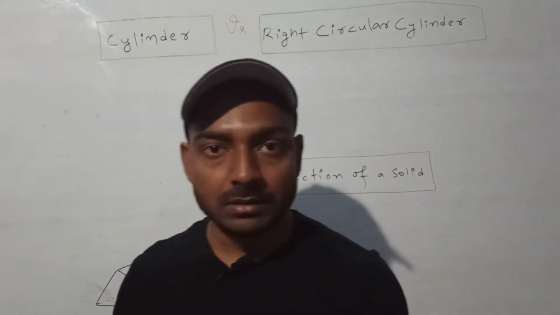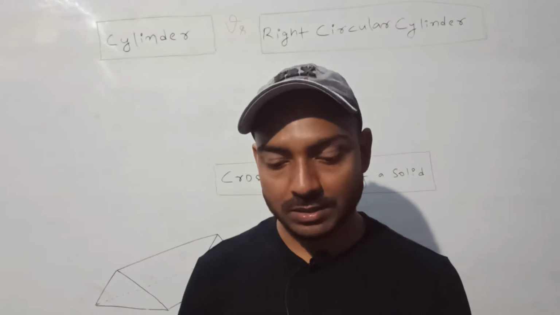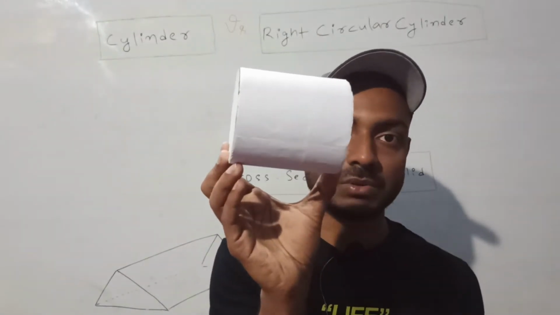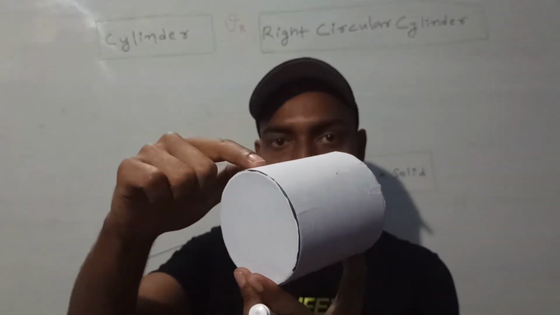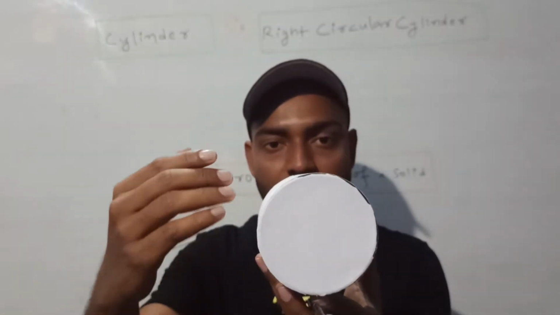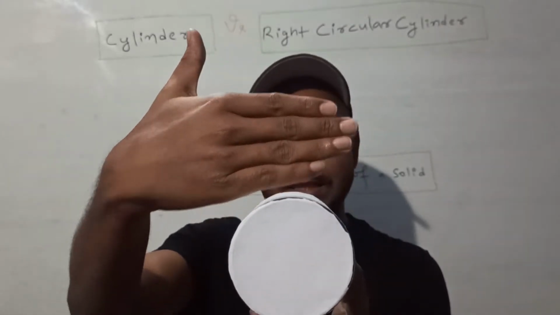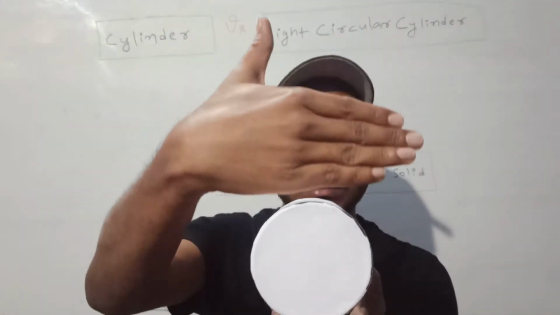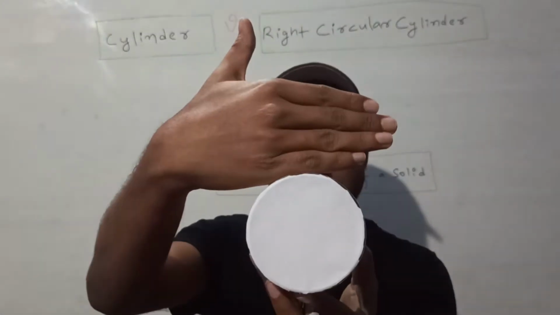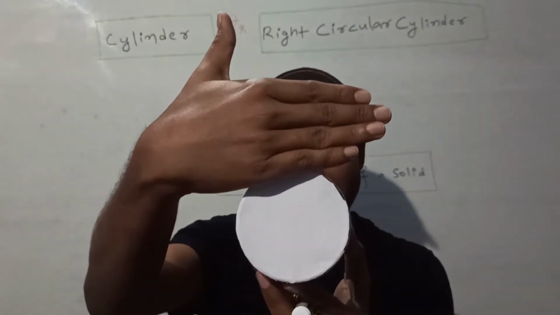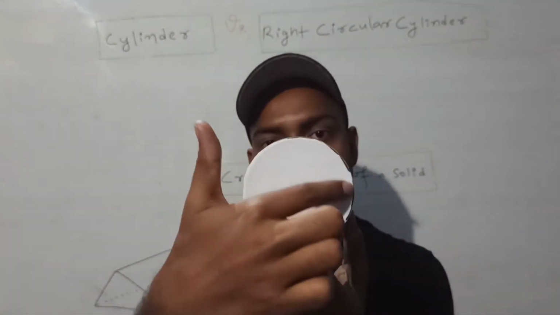Let us understand the cross section with another solid. I have this solid for all of you. Now, for this solid, this is the length of this solid. If we cut this solid perpendicularly along its length, in this way, then the plane section we obtain will be a circle.